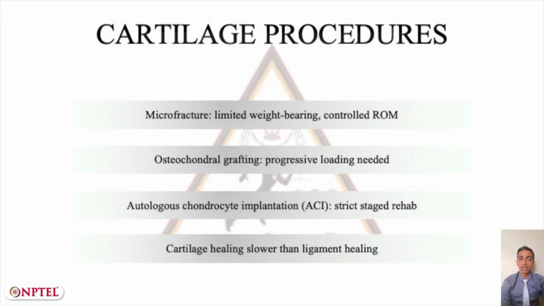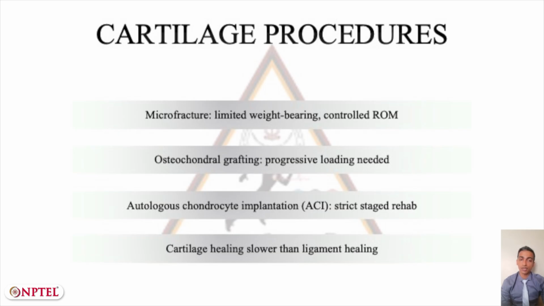The cartilage heals much slower than a ligament because of its restricted blood supply. In a microfracture, patients need limited weight bearing and controlled motion to allow fibrocartilage formation. Osteochondral grafting requires gradual progressive loading.